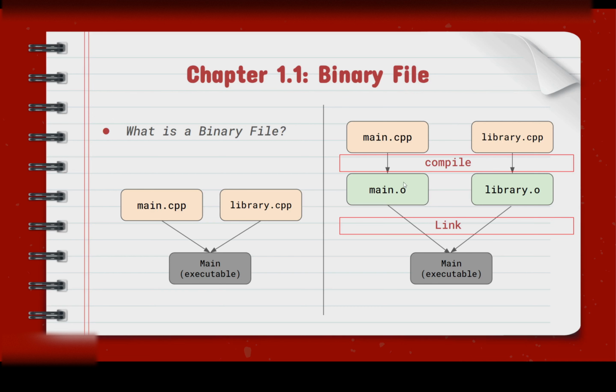In the next step, the linker will link these object files into one binary file, which is now executable and you can run on your system. This is what happens when you compile your binary program.